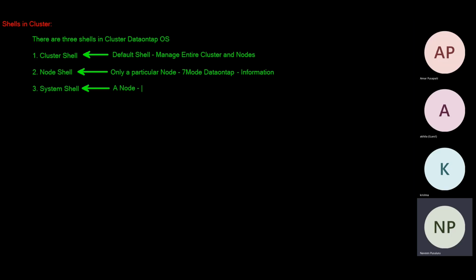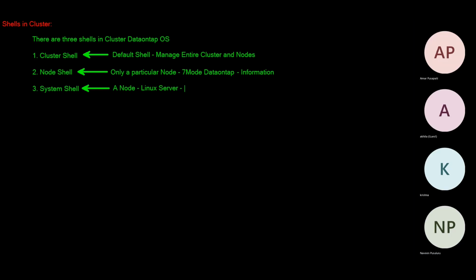When you log into the system shell, it acts like a Linux server, because our Data ONTAP was also created from Linux. It acts like a Linux operating system, and you can run most of the Linux commands here. But again, from the system shell also we will not be able to do any configurations.